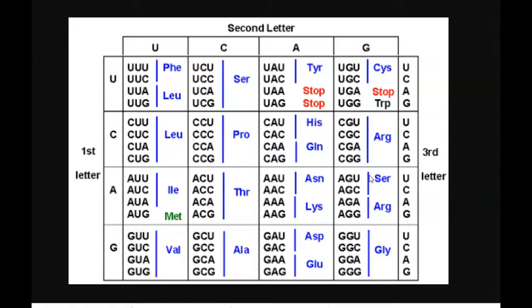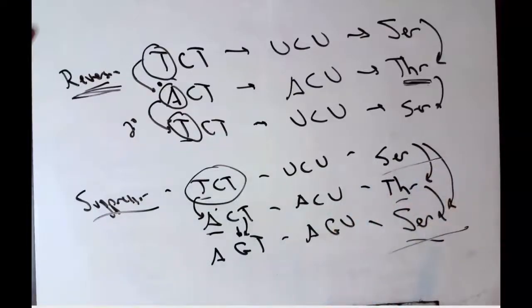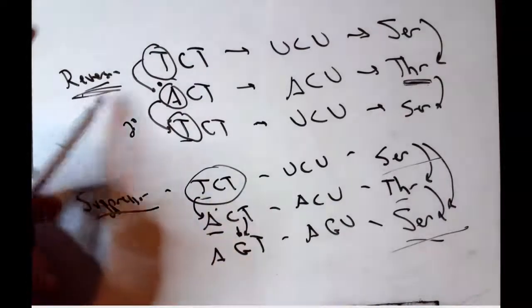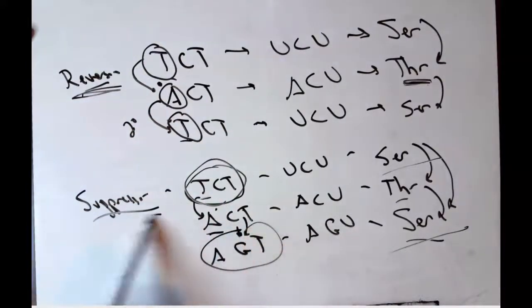So we actually do go back to the initial amino acid. We wanted a serine there in the wild-type sequence. We still have a serine there after the secondary mutation, but this isn't a reversion mutation because we didn't go back to the original codon. This is a suppressor mutation. So a suppressor mutation is a mutation that is different than the first. It affects a completely different region than the first, but it still returns us to the wild-type protein sequence, and at the end of the day, it's the protein sequence that matters.